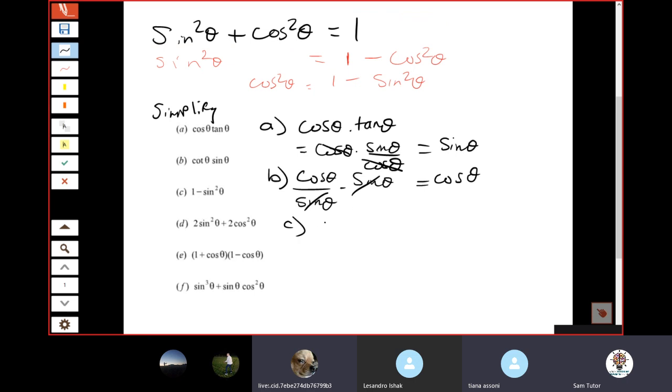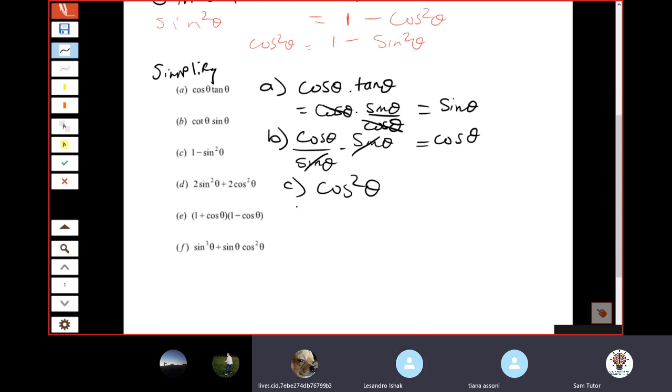It'll just become cos squared. So let's look at this again. Sine squared is 1 minus cos squared, but cos squared is 1 minus sine squared. So if I've got 1 minus sine squared, that can just become cos squared. If I've got 1 minus cos squared, that would just become sine squared. Make sense? Yeah.